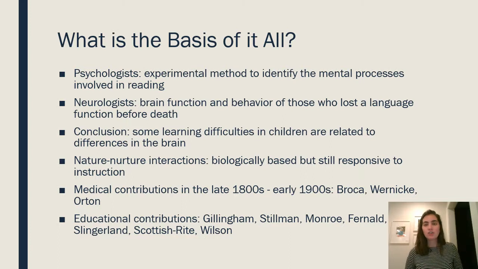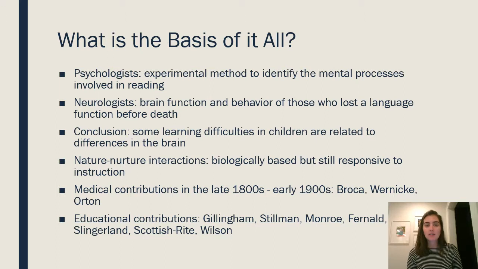Some of the psychologists at this time were using the experimental method to identify that there are mental processes involved in reading. Meanwhile, neurologists were examining brain function and behavior of those who lost language function before death.